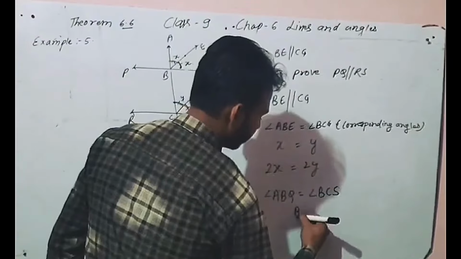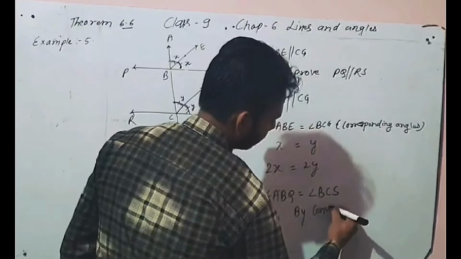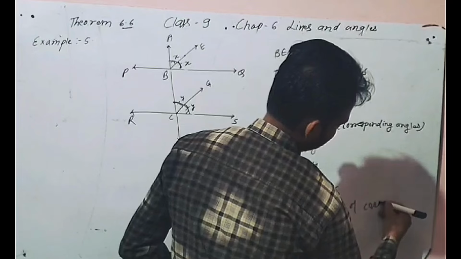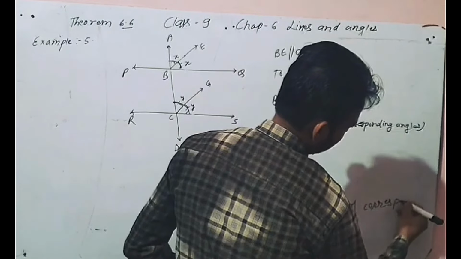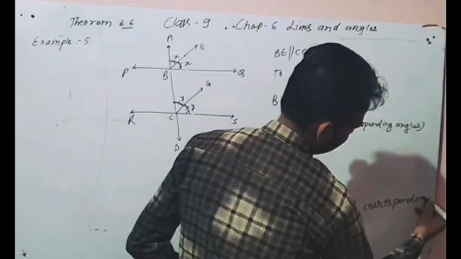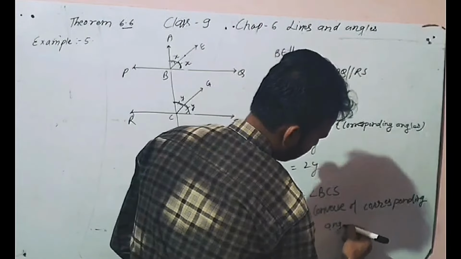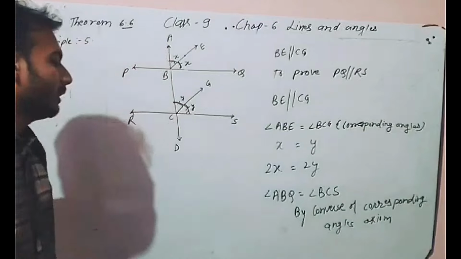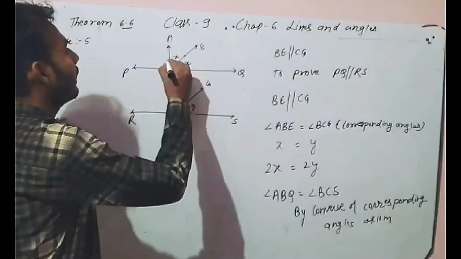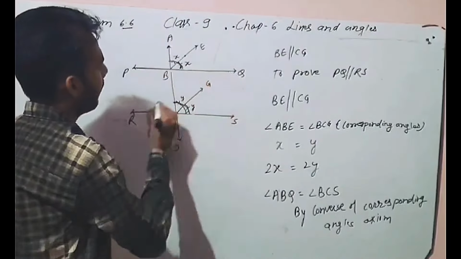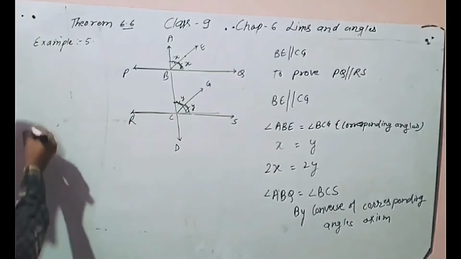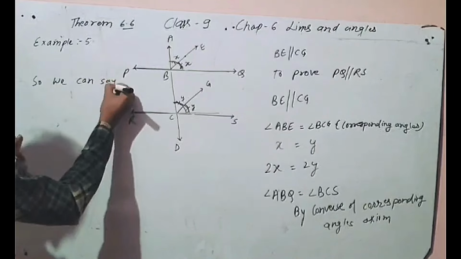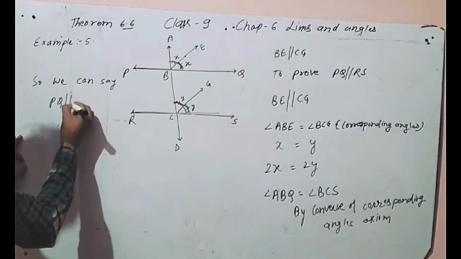By the converse of the corresponding angles axiom. What is that? It means if two angles are corresponding and equal, then the lines are parallel. So we can say PQ is parallel to RS.